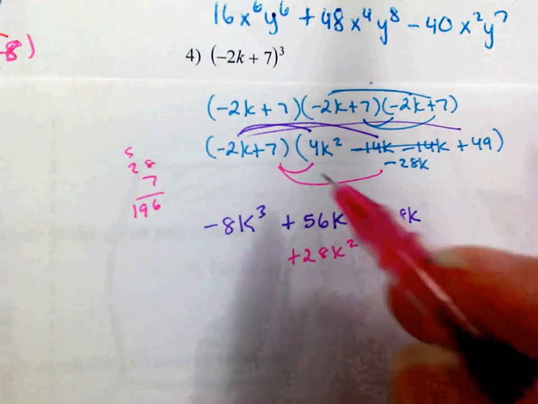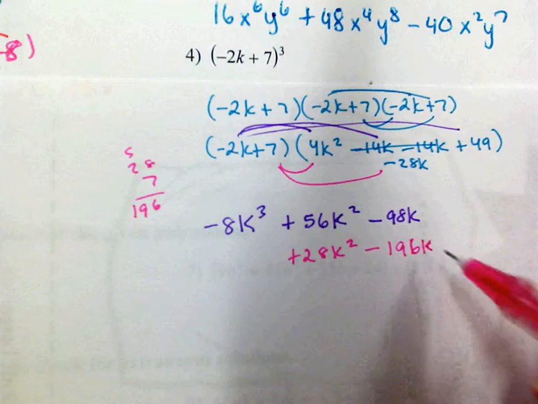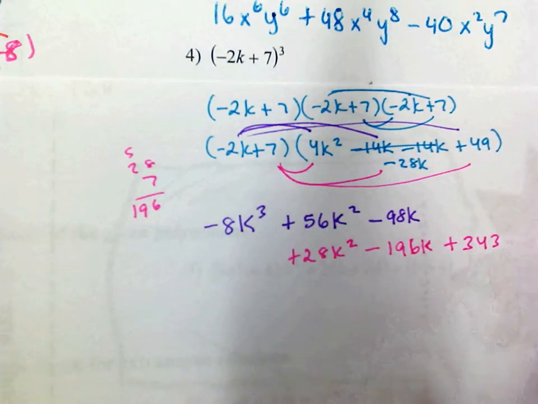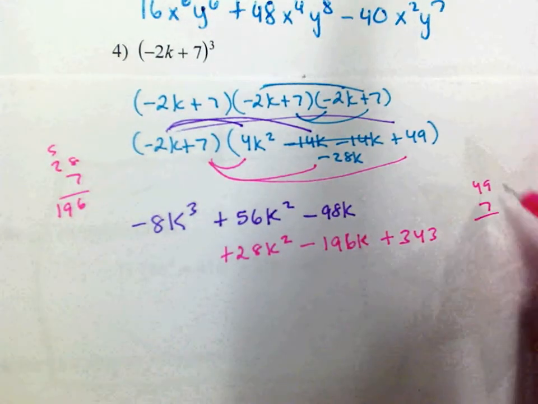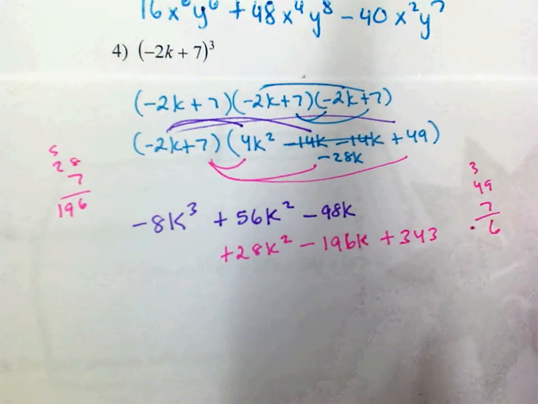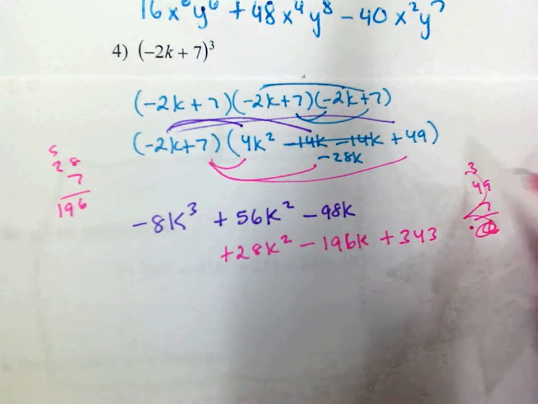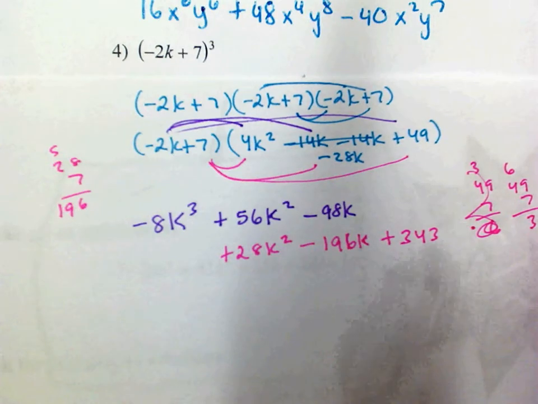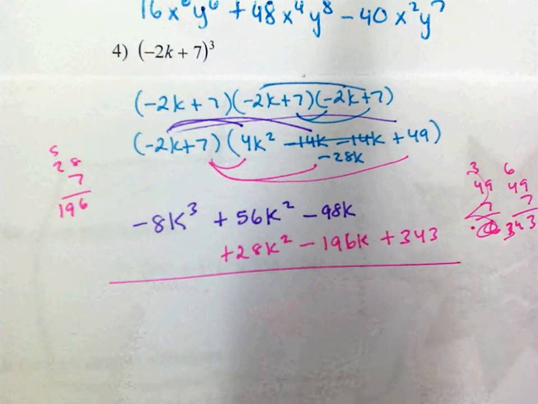So it was a negative 196k, and then 7 times 49 is 343, pretty sure. 49 times 7, 7 times 9 is 63, 7 times 4 is 28 plus 6 is 34. Okay, good. Alright, so then I'm going to add like terms.